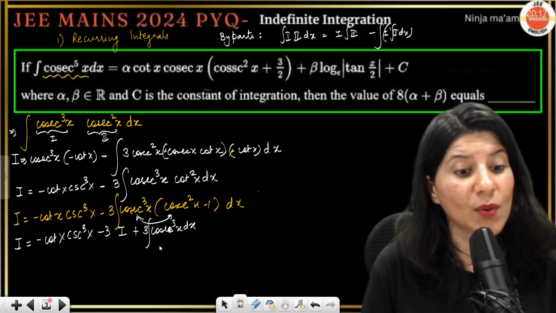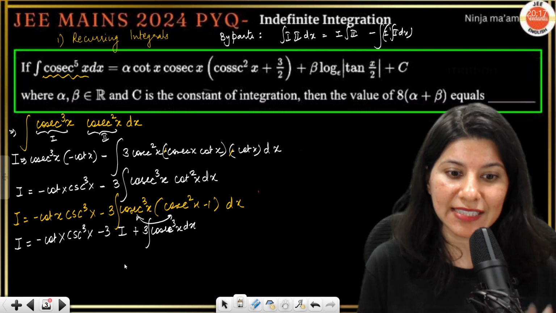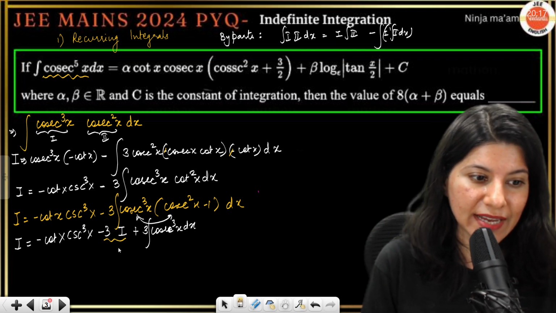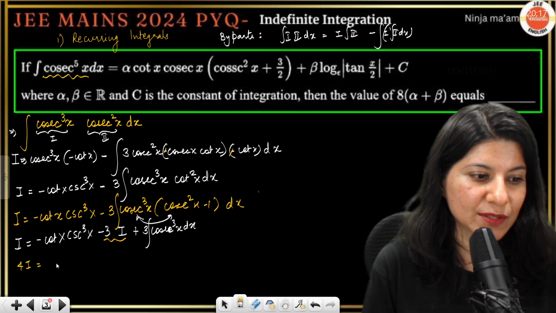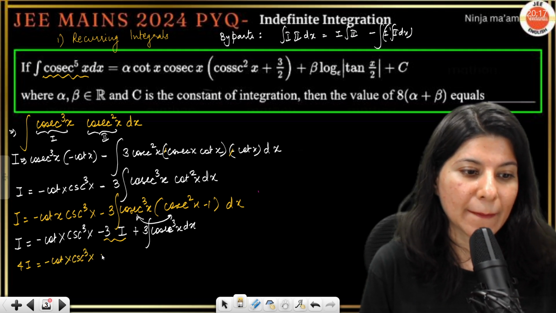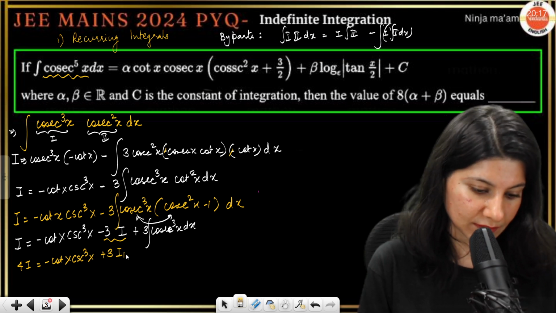Now again, this is a separate problem. Let us leave it right here. Okay. And also minus 3I, so it will become 4I is equal to minus cot x cosec cube x plus 3. Let us mark it as I1.